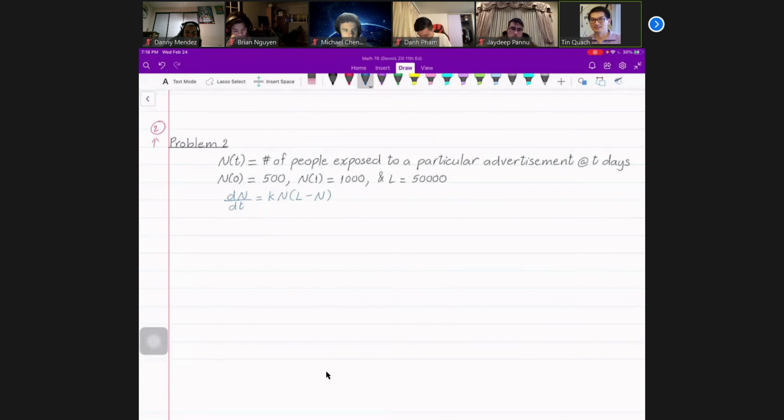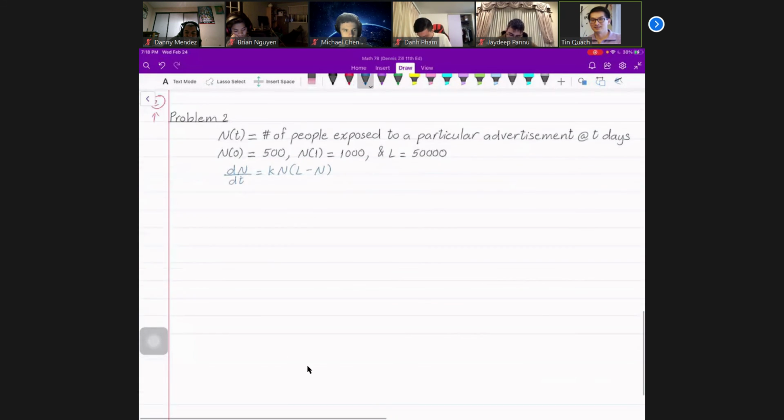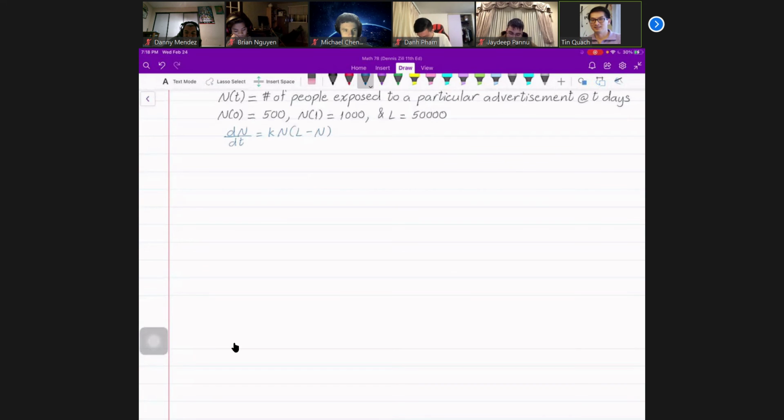So from here we can plug in k n. The carrying capacity is 50,000 minus n. And then we're going to write down the given initial conditions. So n of 0 is equal to 500, and n of 1 is equal to 1,000.